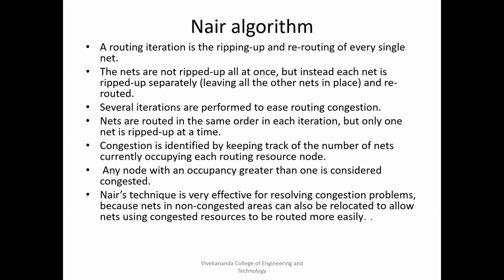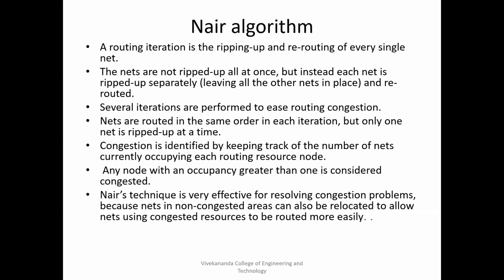The first routing pass is used to estimate the congestion. The first time you route, it will just look into the congestion, whether the signals will be passed properly, or whether some other resources have to be used. So all these it will look into as congestion.